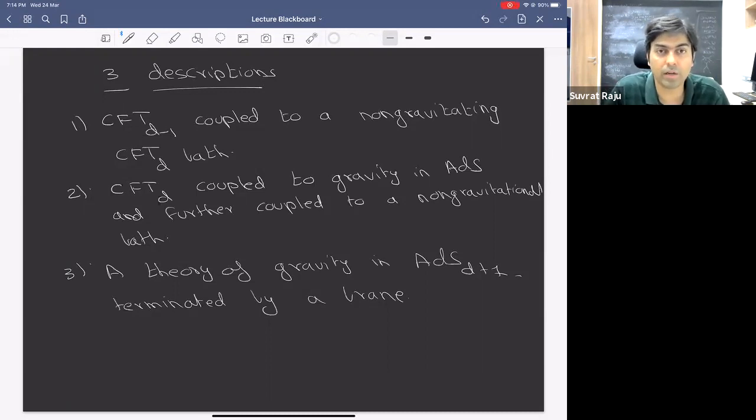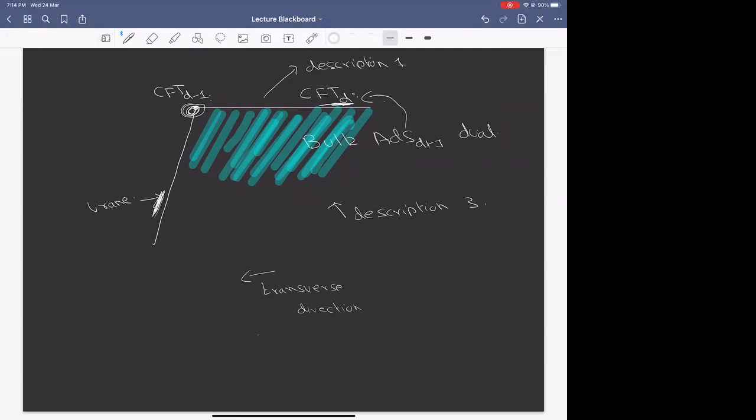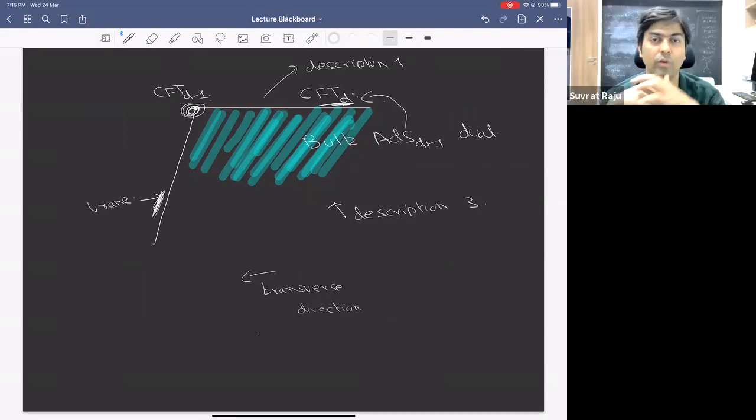And when you terminate it, you might need to add in some additional degrees of freedom. That is the reason you have this CFTD -1. Maybe I didn't understand the question. Your question was, why do you need the CFTD -1 at all, right?